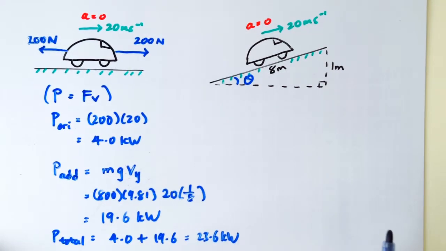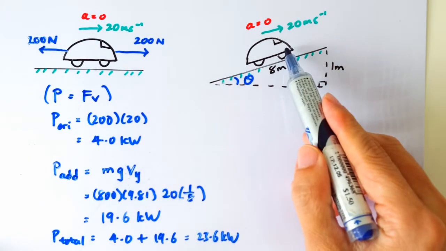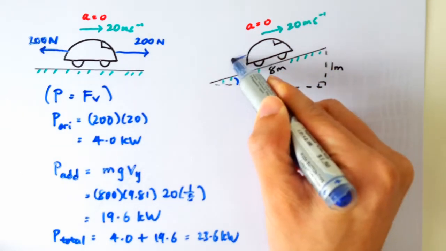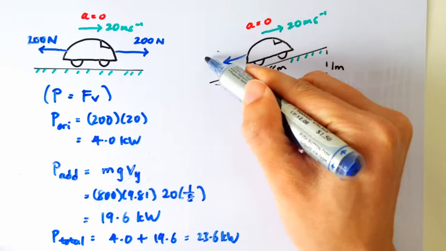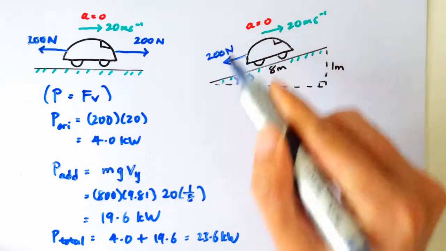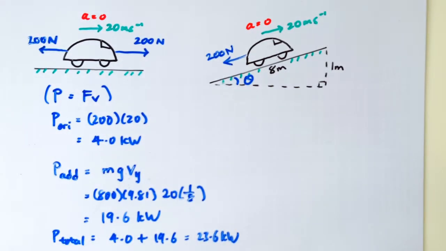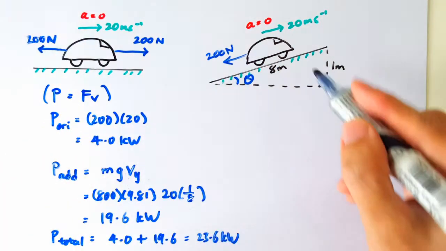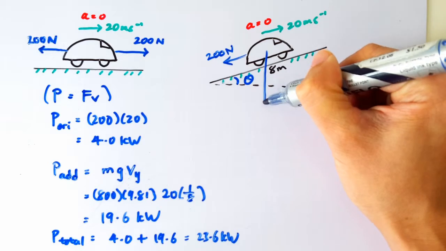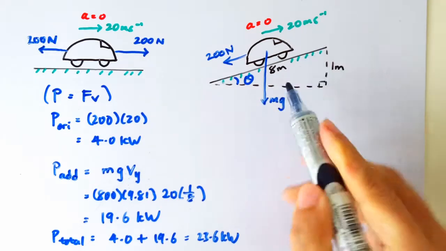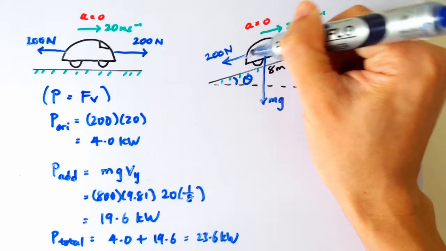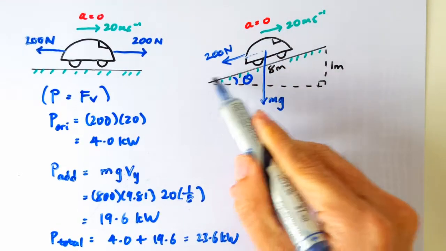Okay, so if we are now going up the slope but still at the same speed, then you'll still be experiencing the same amount of air resistance, 200 newtons. The difference between this situation and the earlier one is that the gravitational pull on the car now has a component in the direction you are moving.